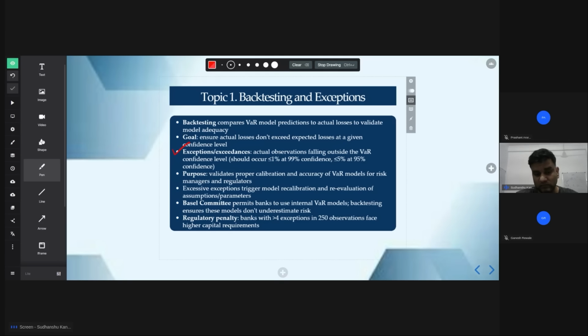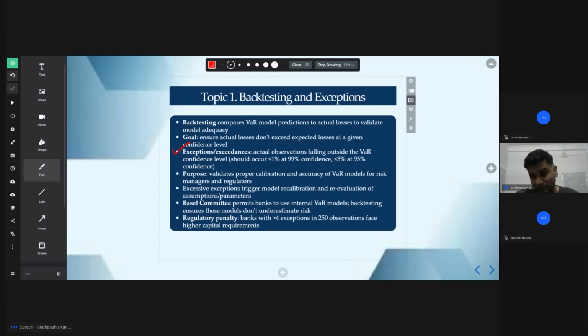The expected exception rate is 1%, and 1% of 250 trading days is 2 to 3 days. If you have 95% VaR, expected exceptions are 5%, and 5% of 250 days is 12 to 13 days. So if your model is good, actual exceptions should match these expectations.